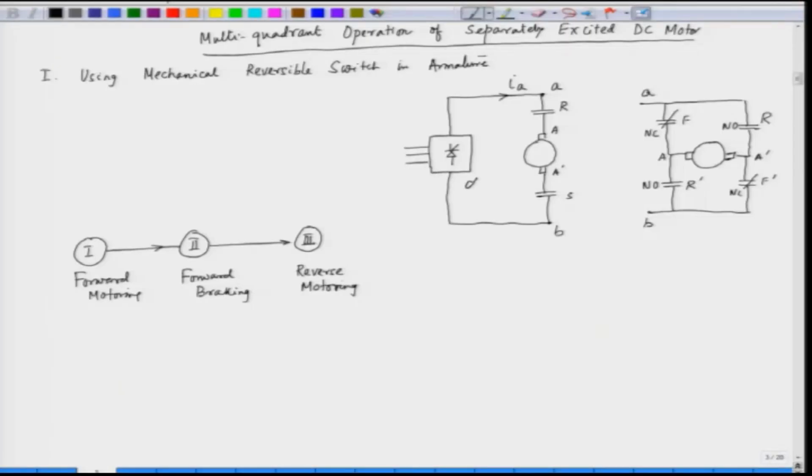We first increase the triggering angle alpha. This bridge was operating at a triggering angle alpha. So, what we do here, we increase triggering angle alpha, advance alpha, so that the armature current IA comes to 0.